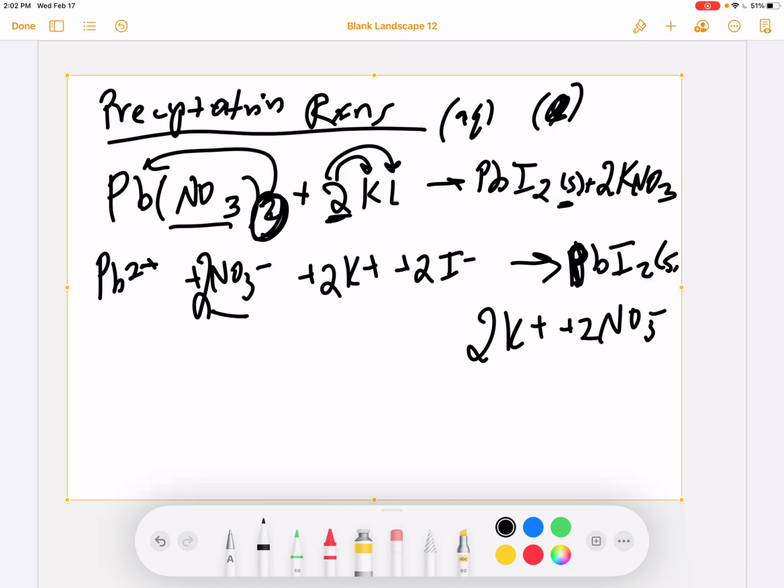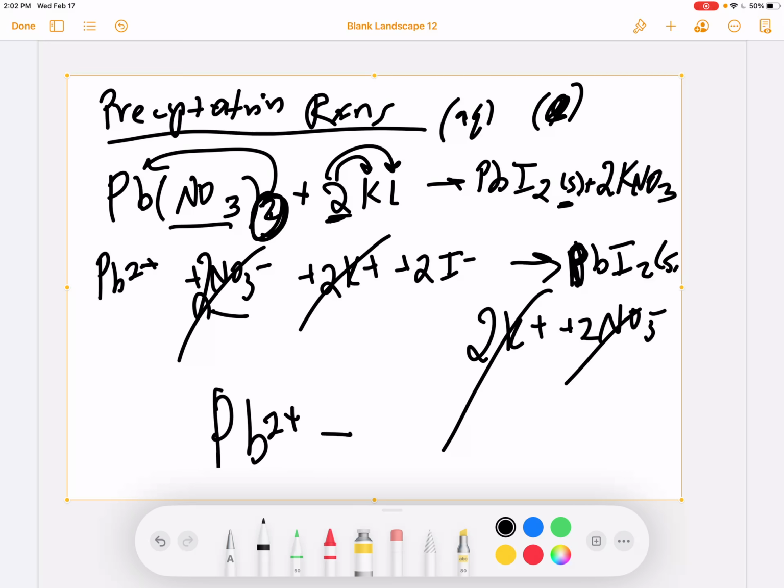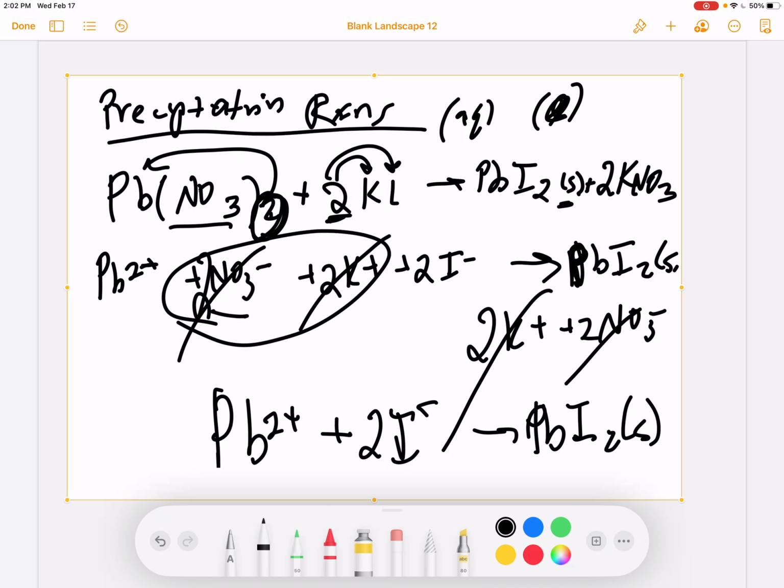Then we cross out whatever is the same on both sides, and whatever is left over is what's actually happening in the equation. The ions that we cross out are called the spectator ions, which means they're not really doing anything, they're just there to watch what's happening.